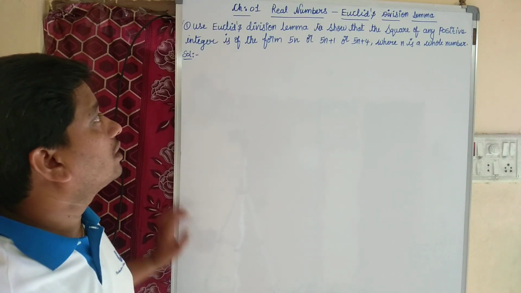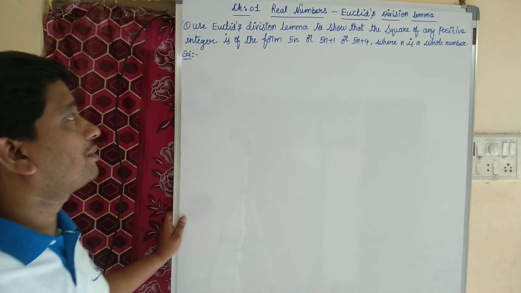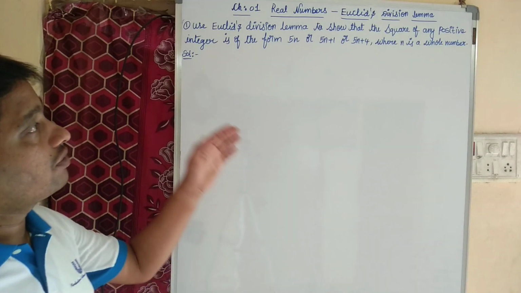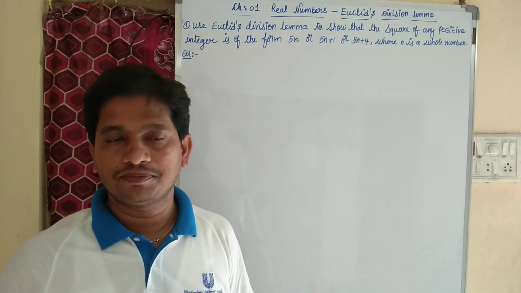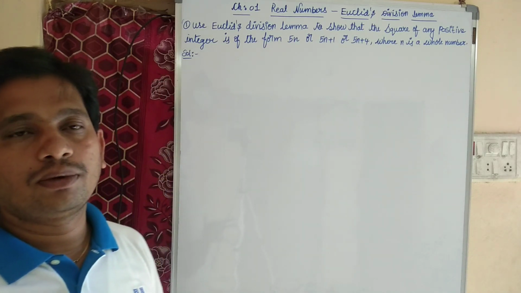Welcome back to our session. Today let us discuss chapter number 1, Real Numbers, the most important 8-mark questions from the topic Euclid's division lemma. This topic consists of two types of problems.